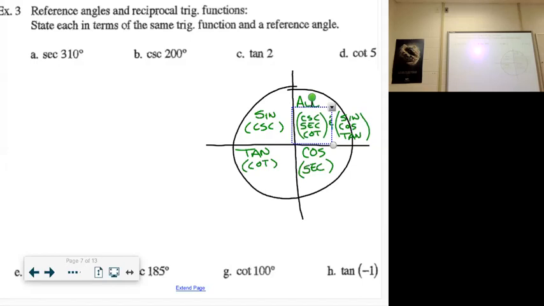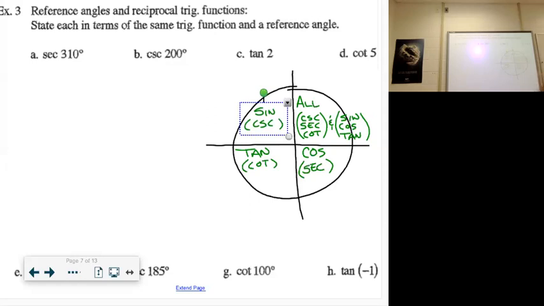Once we get into quadrant 2, sine is the only main function that is positive when the angle terminates there. Cosecant is its reciprocal, so sine and cosecant are positive in the second quadrant.